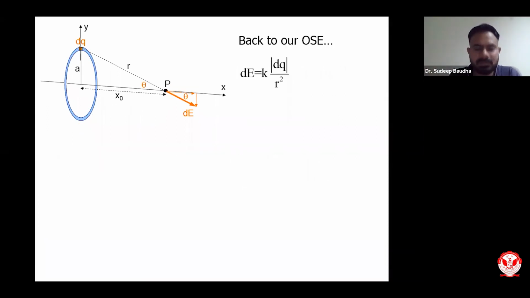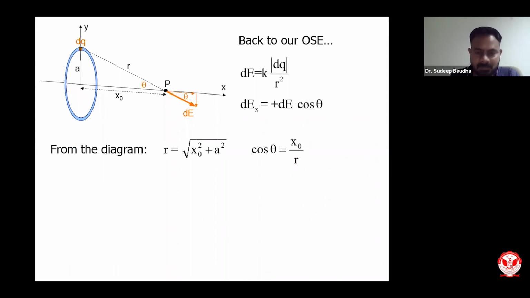So back to our starting equation. You have dE equals k dq upon r square. So I can write the x component will be dE cos theta, and the y component and z component will be 0. From the geometry you can see this is a right triangle, where r is the hypotenuse, this is the perpendicular, and this is the base.